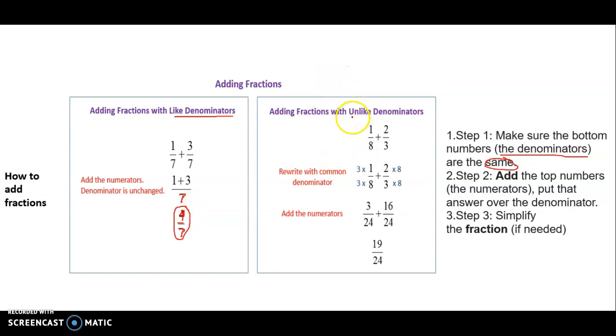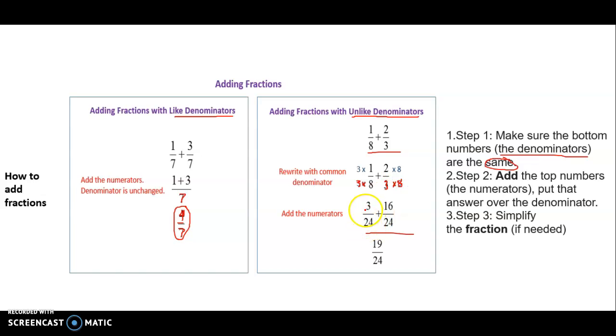But how do we go with unlike denominators that aren't the same, just like this? We rewrite with a common denominator. Here, the common denominator is 24. 8 times 3 is 24, and 3 times 8 is 24.